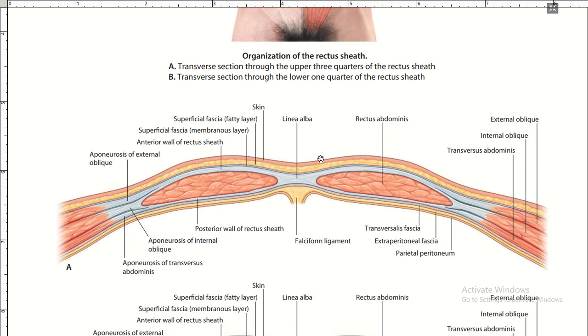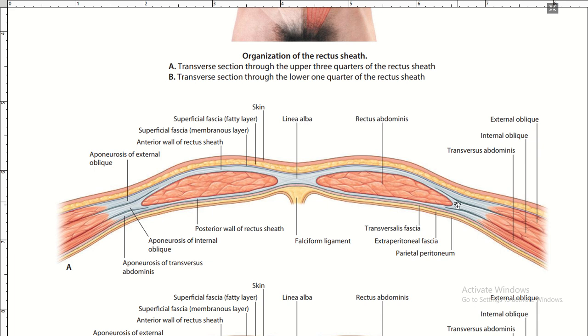Right, so here, this is the transverse section at level A. You're going to have those three muscles: your external oblique, your internal oblique, your transversus abdominis. At the mid-clavicular plane, these muscles change from muscles to aponeurosis.